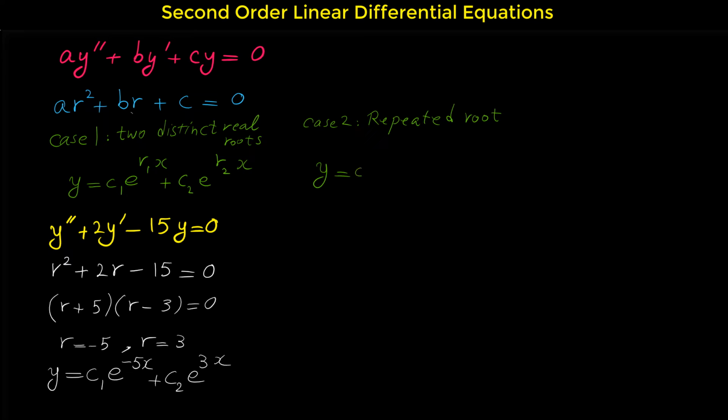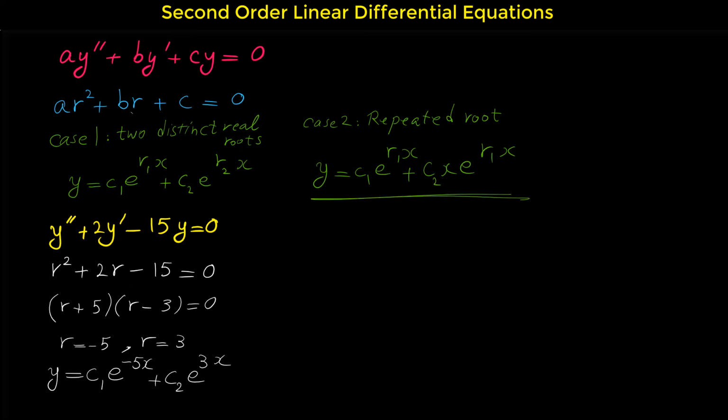The answer would be c1 e to the r sub 1 x plus, but because we don't have any other roots, maybe you think, okay, we can write our answer in this way because the two roots are the same. But no, when a root repeats, you have to multiply your second answer by x.